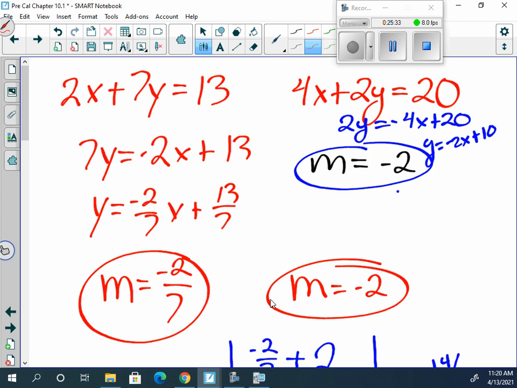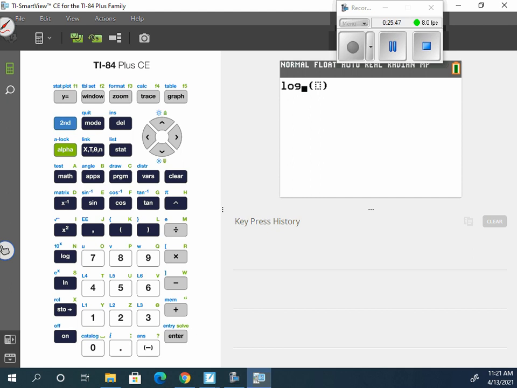Negative 2/7 x plus 13/7, and negative 2x plus 10. Okay. All right, I just thought it would be good to look at the graph of these and see how these look.